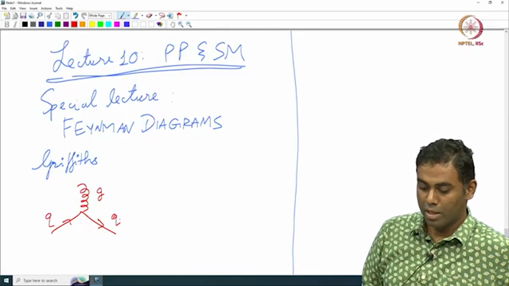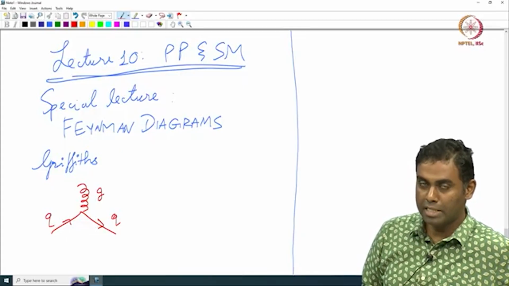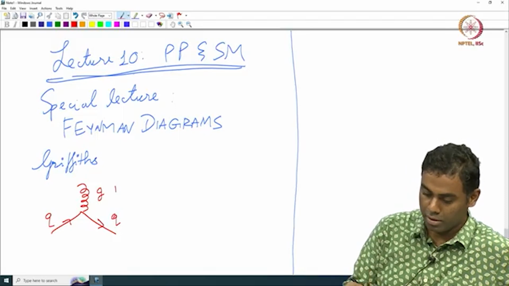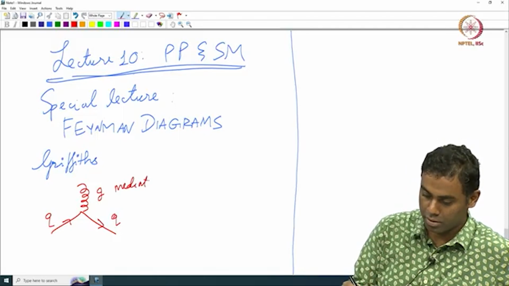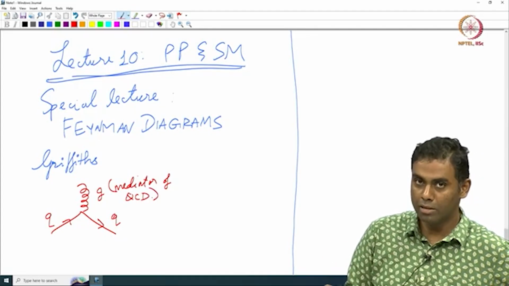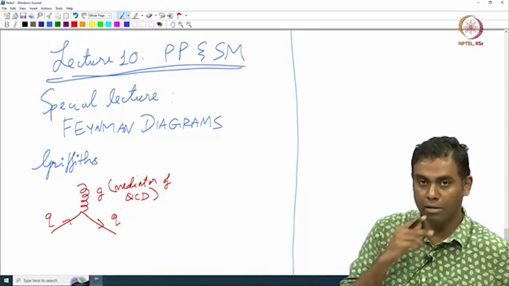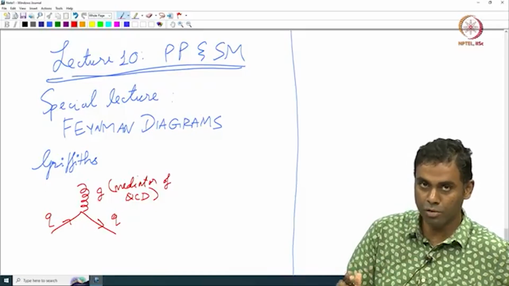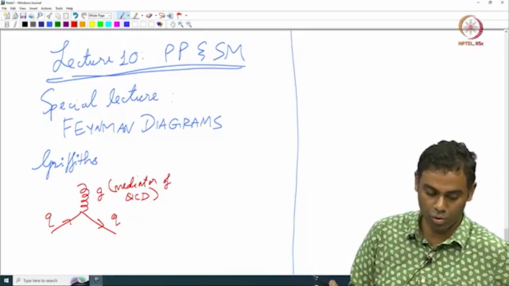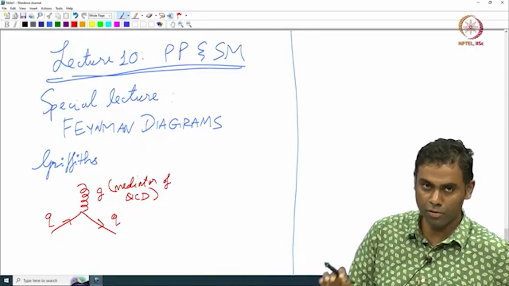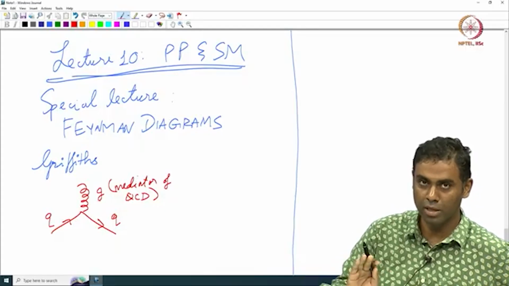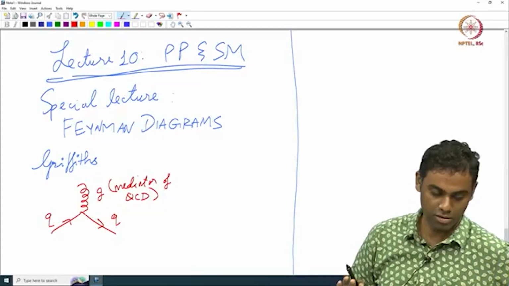That is, the gluon is the mediator of the strong force, or mediator of QCD. That means that when the quarks take part in the strong force, then you have to attach them to a gluon. This is one of the basic rules of drawing interaction vertices.